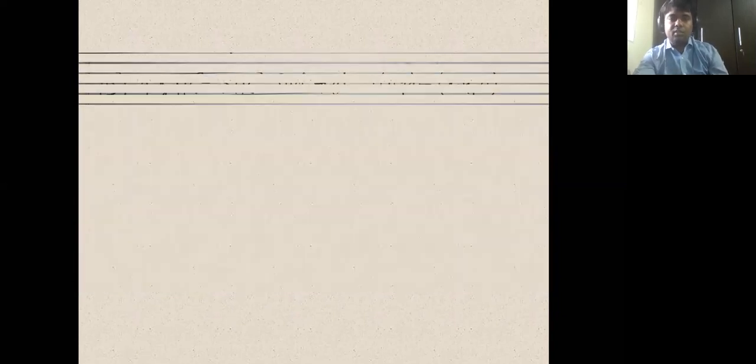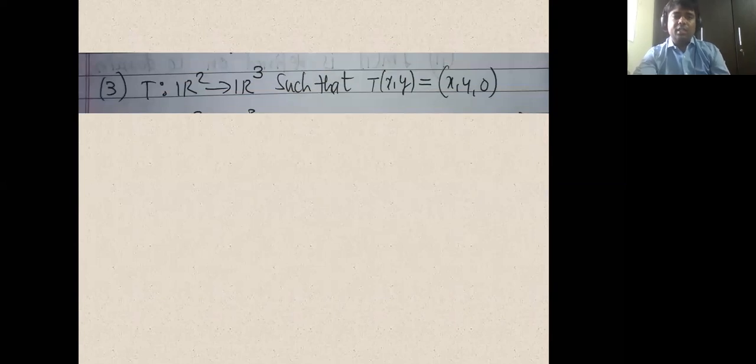See the third exercise: T from R2 to R3 such that T of (x, y) equals (x, y, 0). This is our definition of T. We have to find out the image of this linear transformation. So let us find it out.